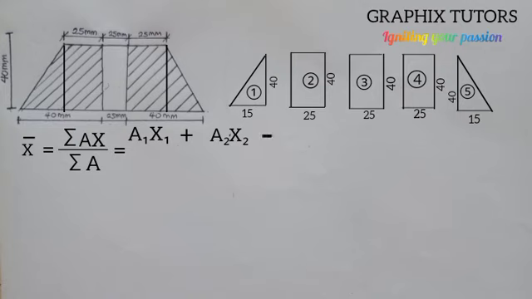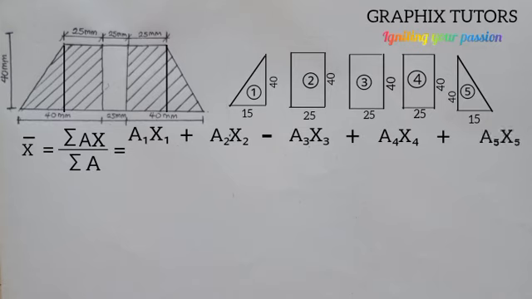But assuming they sectioned everything, or they didn't section anything at all, it will be plus a3 x3. But since that figure 3 is sectioned, that means I'm putting minus a3 x3. Now plus a4 x4 plus a5 x5.